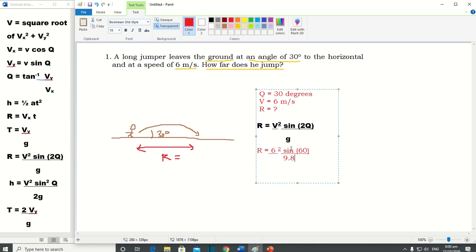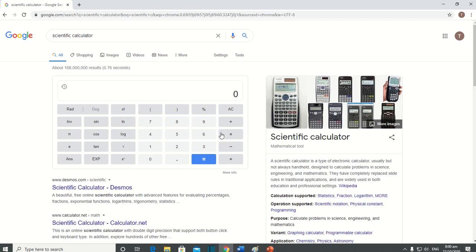So ngayon, input na natin to sa calcu. 6 times 6, it's 36, times sine 60. Oh wait, naka-radian tayo. Degree mode dapat. Ayan, 36 times sine 60 and divided by acceleration due to gravity which is 9.8.